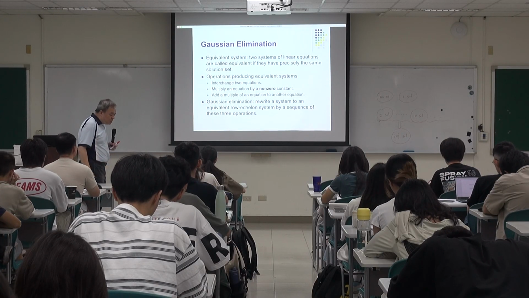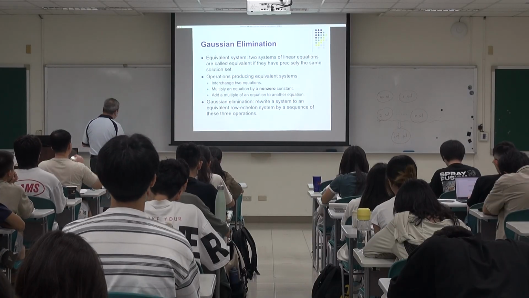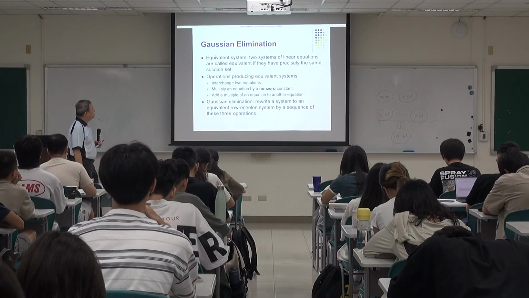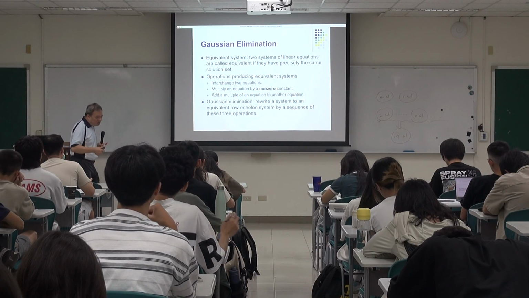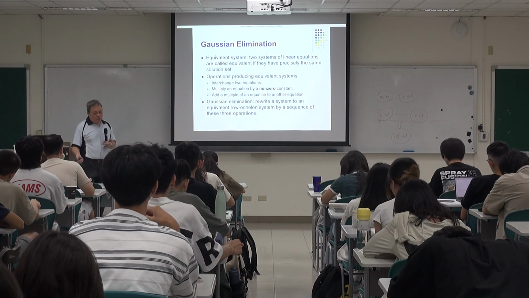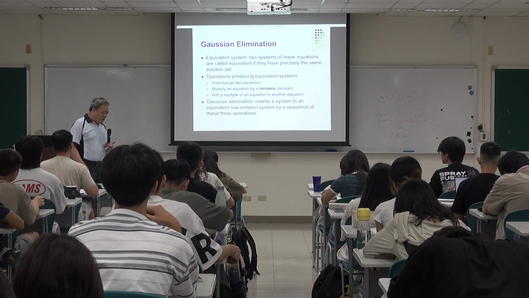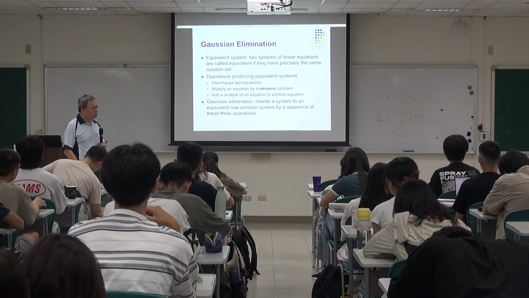How do we convert a non-row echelon system of linear equations into row echelon form? Basically, we use Gaussian elimination. In junior high school, when your teacher taught you this, they may not have told you it is Gaussian elimination.